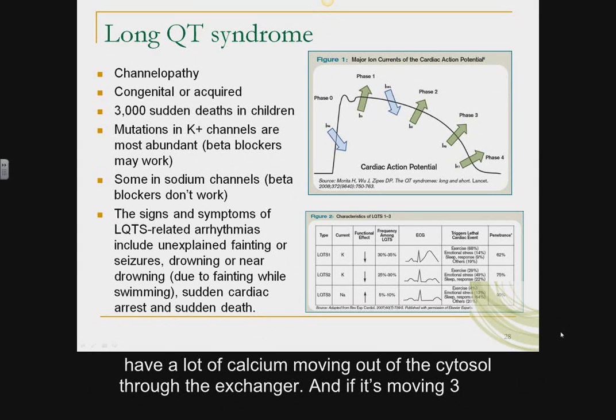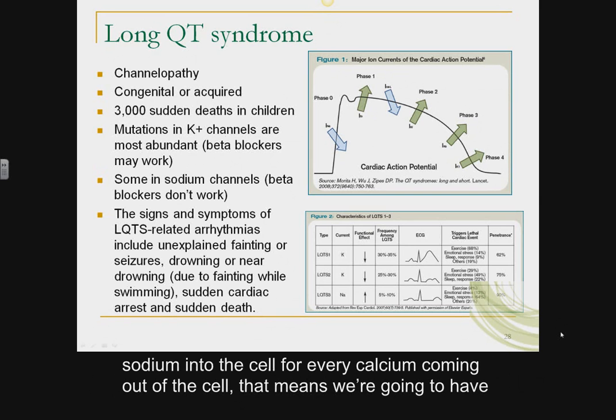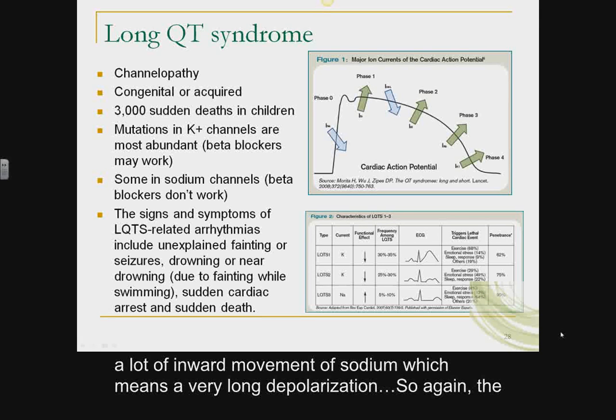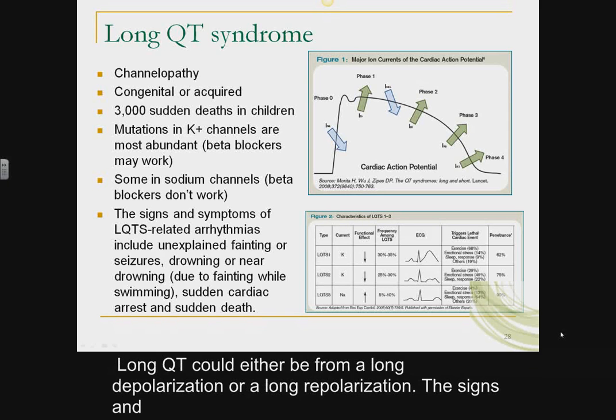Beta blockers may work. They may not; it depends on the genetic mutation. Beta blockers traditionally help with mutations in the potassium channels. If they don't, that usually tells the physicians it's a problem with the sodium channels, and they need to try a different arsenal of drugs. Again, the idea is to block the sympathetic response.